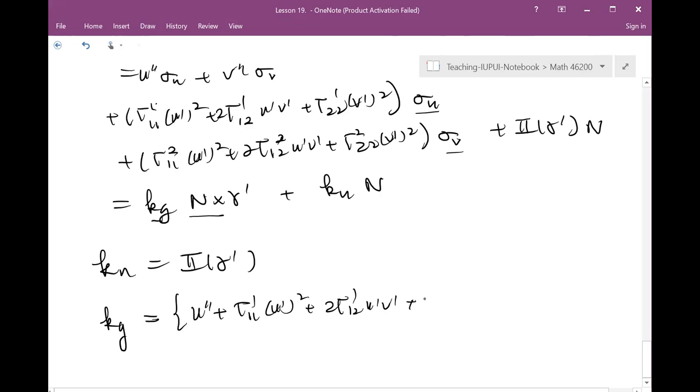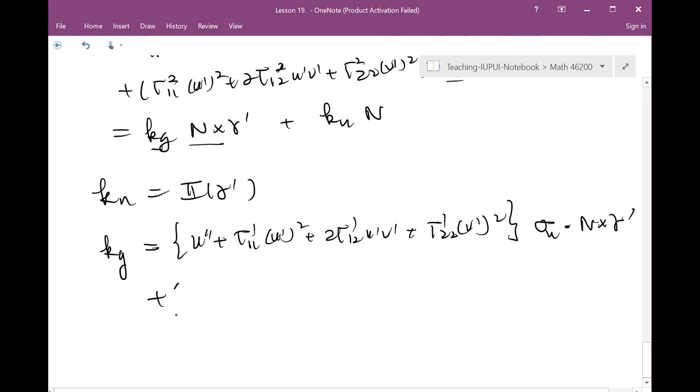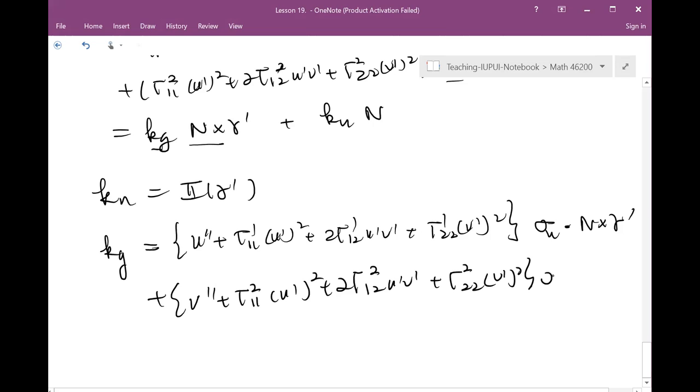It's much more complicated. Okay, sigma u dot n plus gamma prime, and then v double prime. And that.